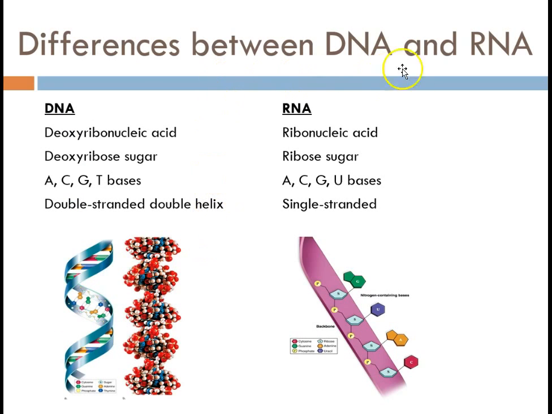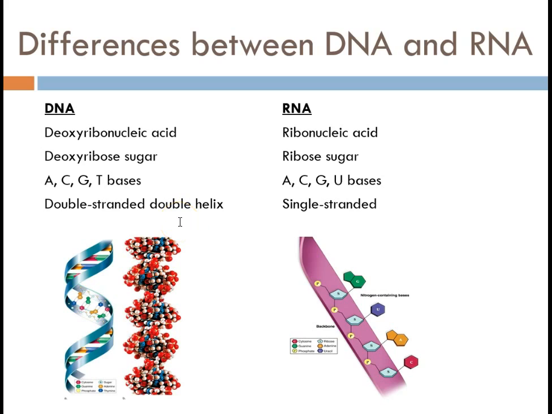The differences between DNA and RNA are that DNA is deoxyribose nucleic acid, where RNA is called ribose nucleic acid. DNA has a different sugar, the deoxyribose sugar, and RNA has the ribose sugar. The bases that we talked about already, DNA has an A and a C and a G and a T. RNA has an A and a C and a G and a U, so the U and the T are the difference.